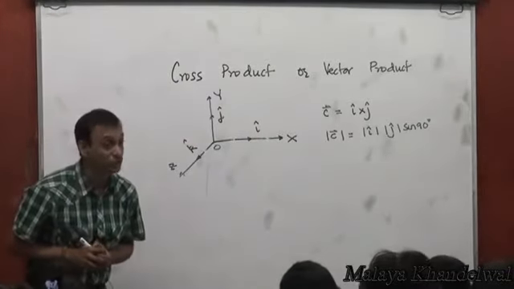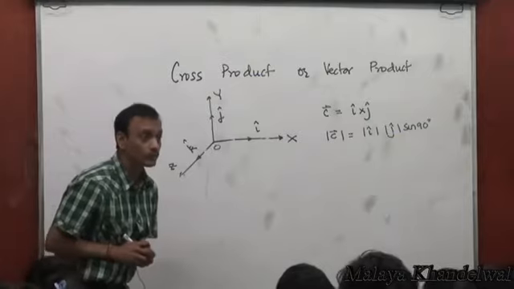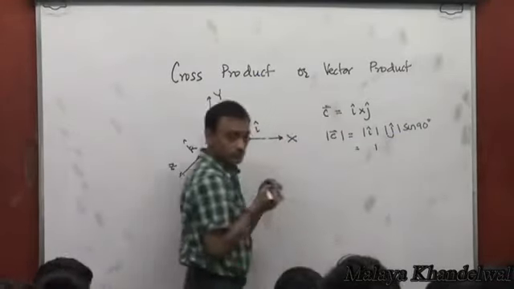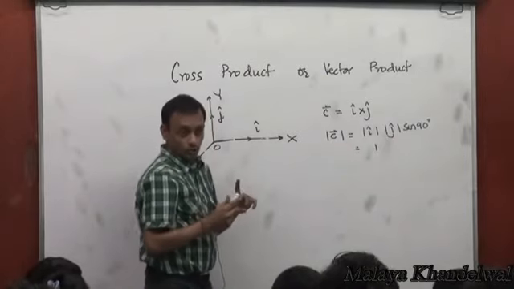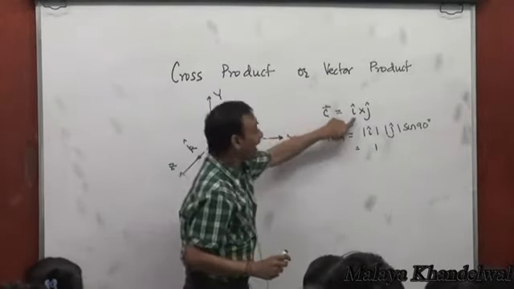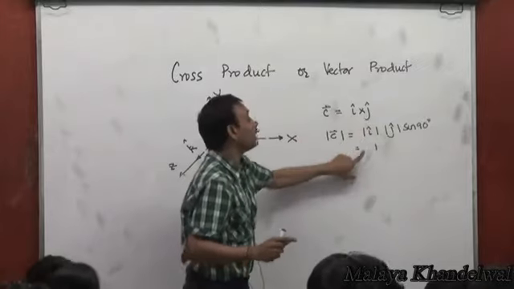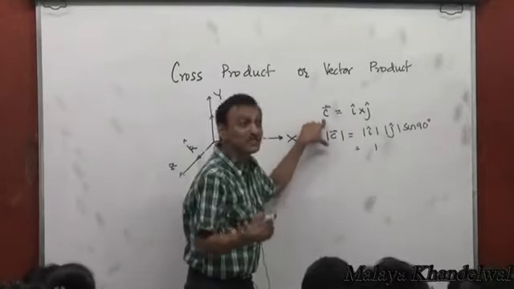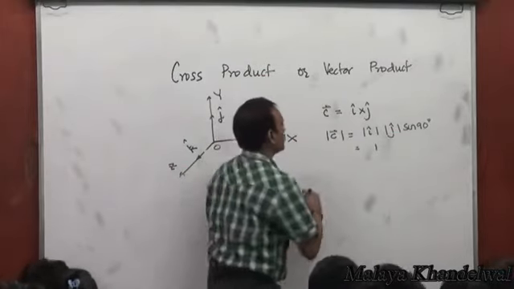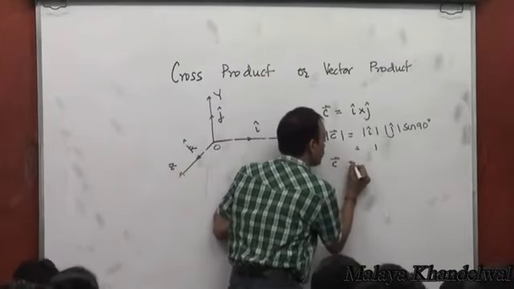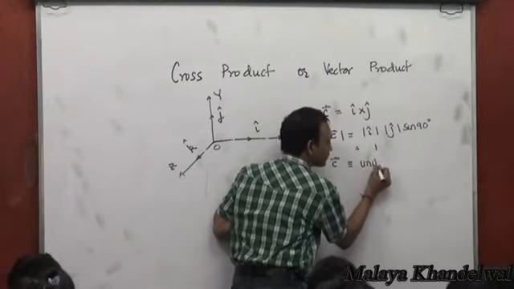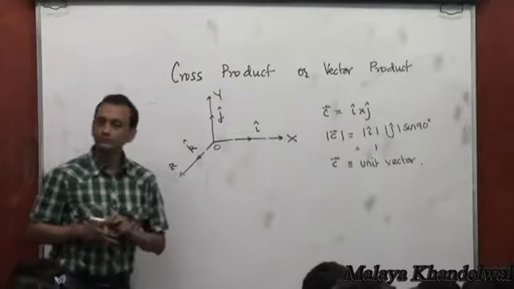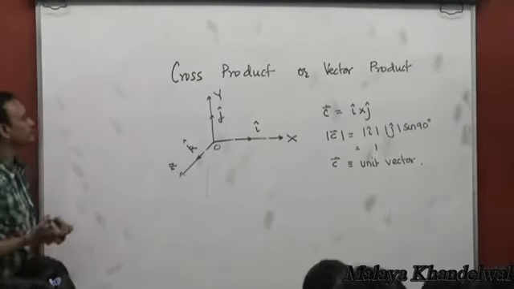So that's going to be 1, right? So i cross j gives me a unit vector because the magnitude of c is 1. C therefore is a unit vector. So far so good, right?